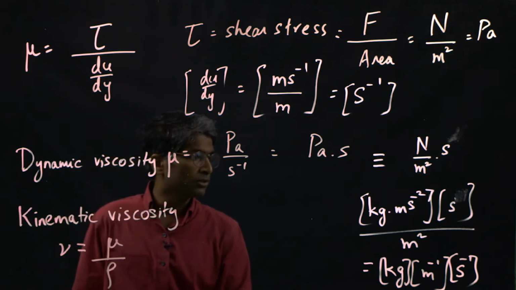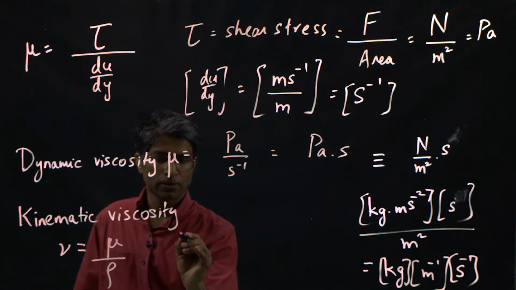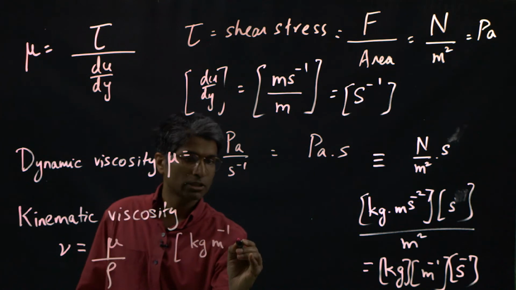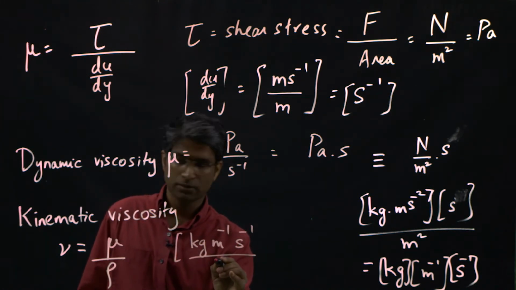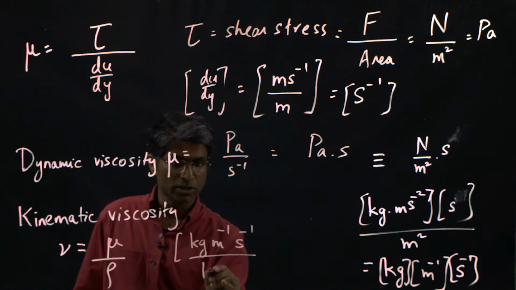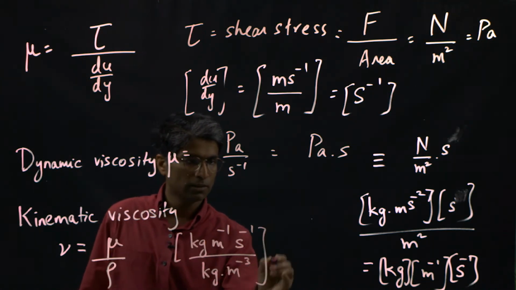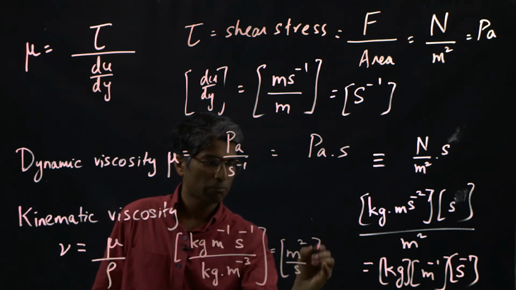And if you do the units, you'll find that this has units of kg per meter per second over rho, which is kg per meter cube. And so this has a unit of meter square per second.